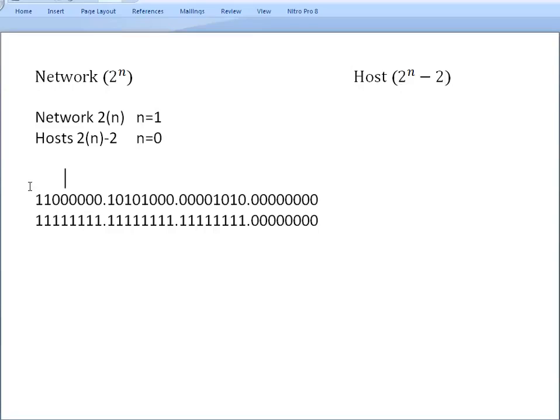If you don't, well, stop the video and start calculating. If you did that, it's 192.168.10.0. Okay, now you are given this network ID, 192.168.10.0, with this subnet mask.